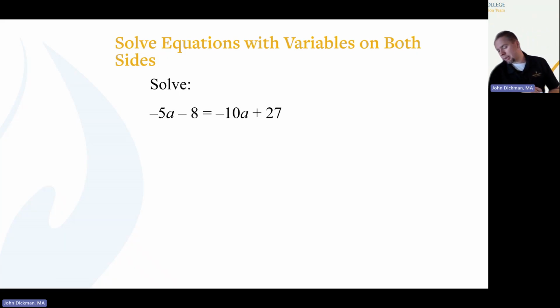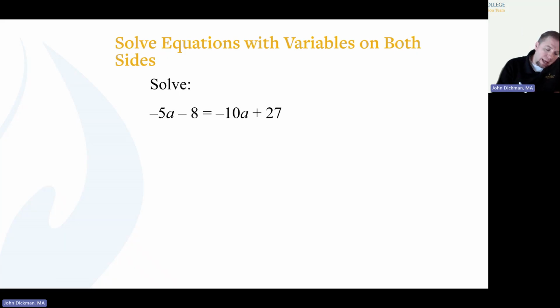What I'm going to suggest is I like to make sure that we don't end up with a lot of negative signs in front of the variable coefficient, because that's where silly mistakes happen, is with negative signs. And so in this case, I could either add 5a to both sides of this equation, or I could add 10a to both sides of this equation to get the variable terms on one side.